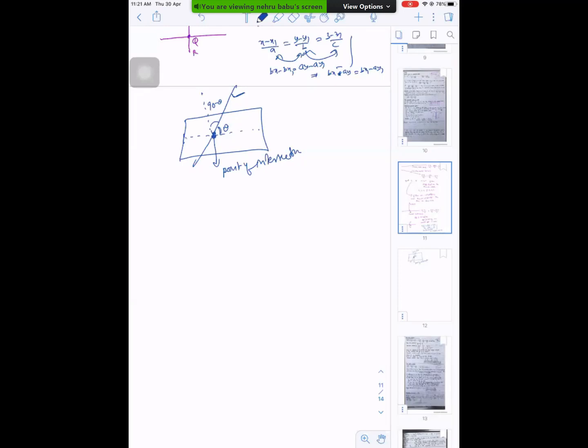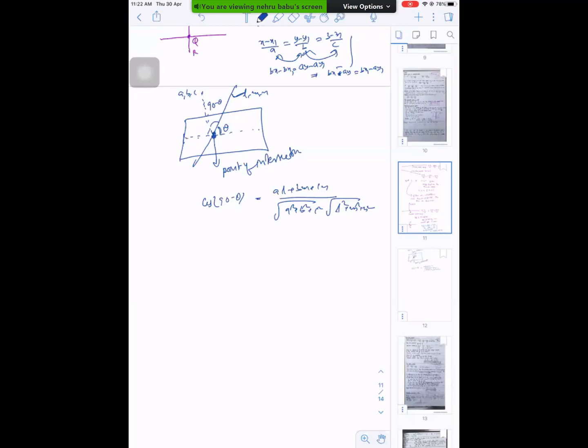So we'll apply our cos theta formula, but as cos 90 minus theta is sin theta, you will get sin theta. So if this is ABC and these are LMN, then cos 90 minus theta equals AL plus BM plus CN by root A square plus B square plus C square and root L square plus M square plus N square.